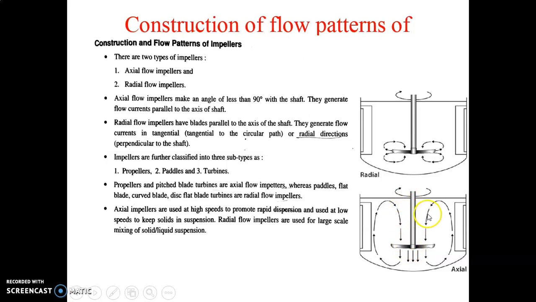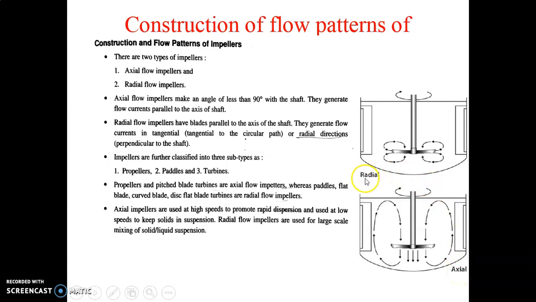If we look at this figure, this is the axial flow impeller. The flow currents produced are parallel to the shaft. So this is called an axial flow impeller.